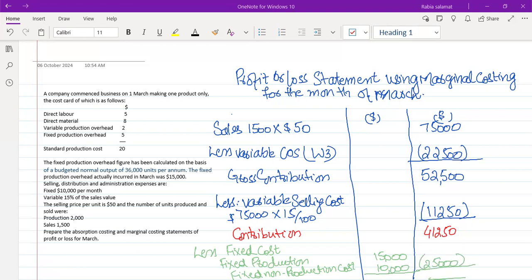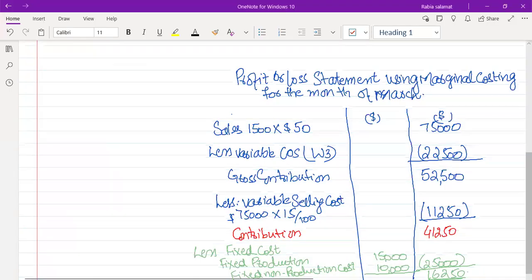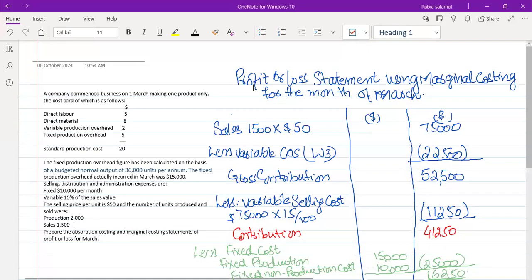You will get your profit: 16,250 is your profit using marginal costing.